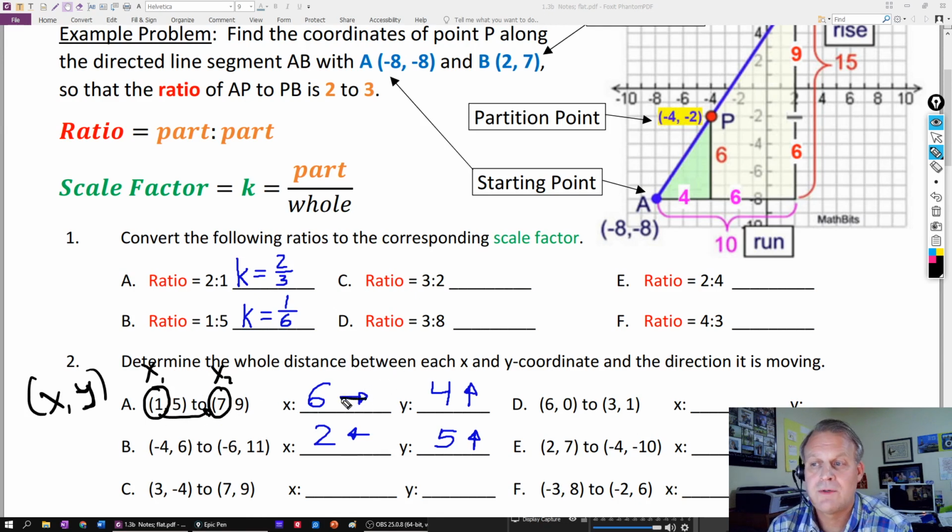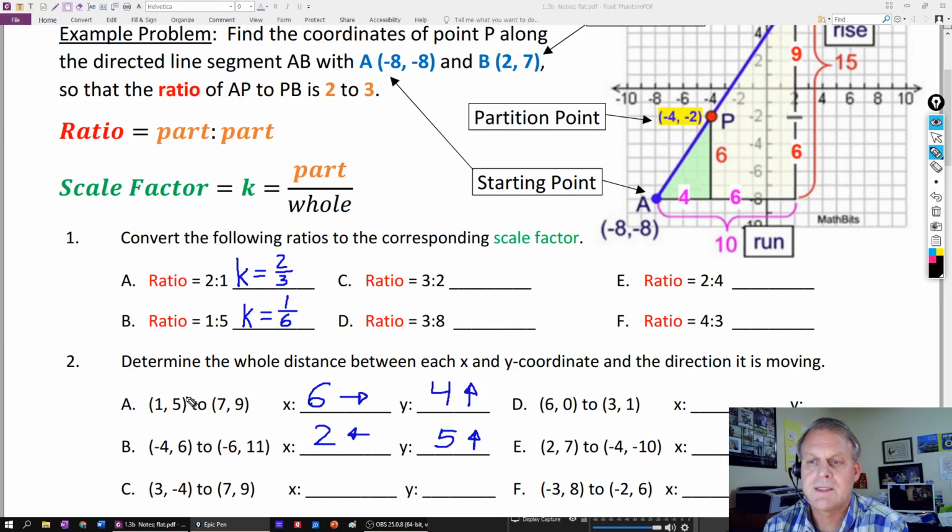We're going to the right, from a smaller number to a higher number, therefore to the right on your x-axis. And how many steps are we going? From 1 to 7 is 6 steps. We could say 7 minus 1 gives you 6.